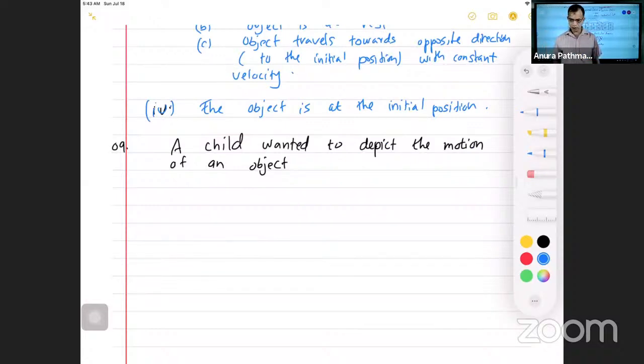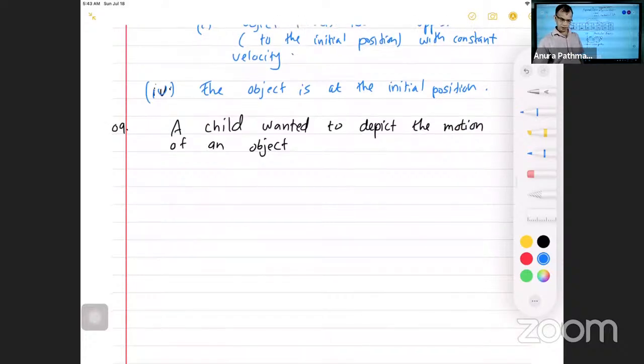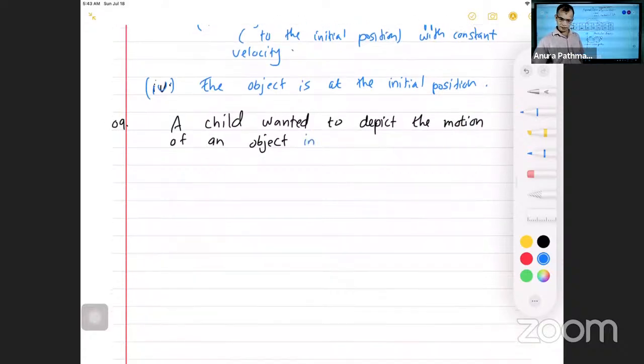A child wanted to depict the motion of an object in a graph.